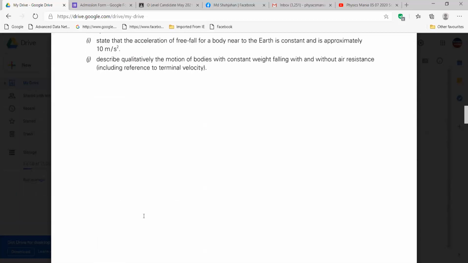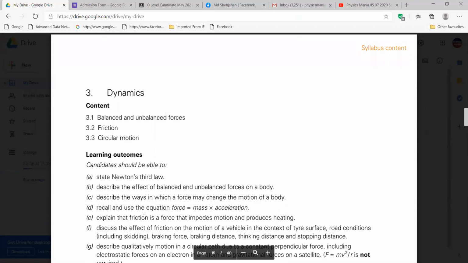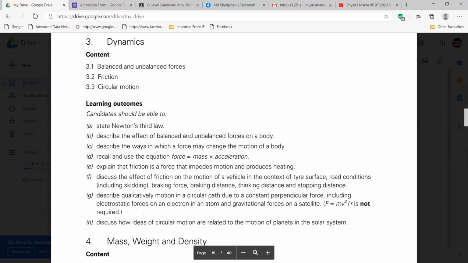Now we have more, that is dynamics. Dynamics is also related to motion of the objects. Previously you found that kinematics is related to motion. Now you also get the idea that dynamics is also related to motion. So what is the main difference between kinematics and dynamics?